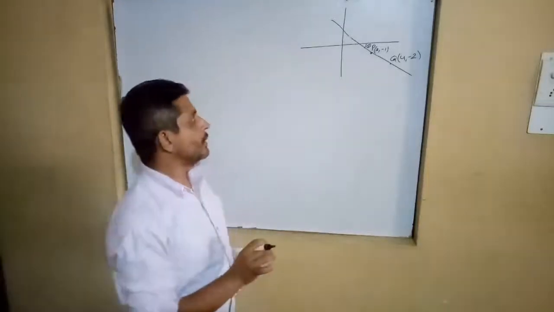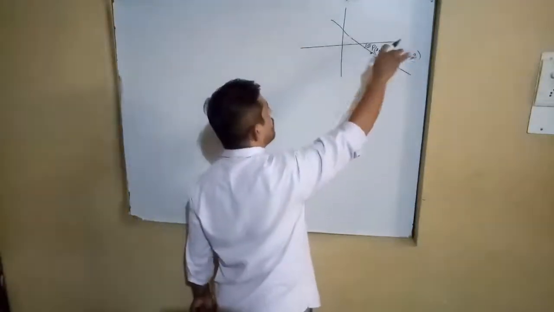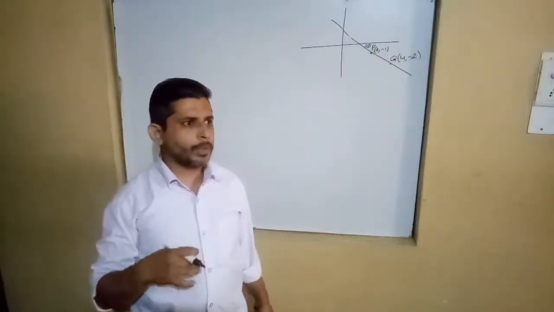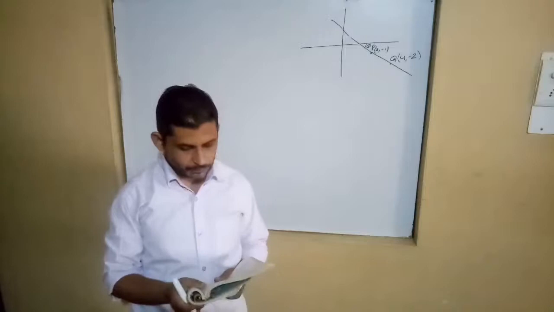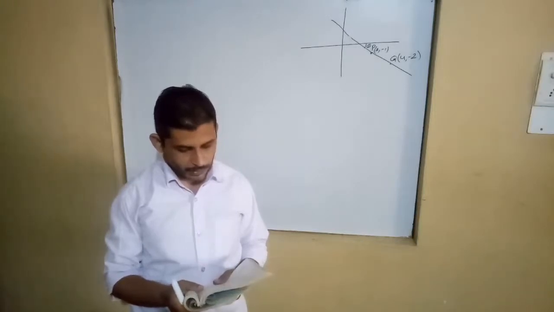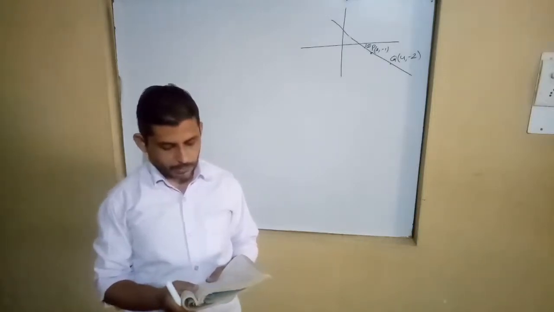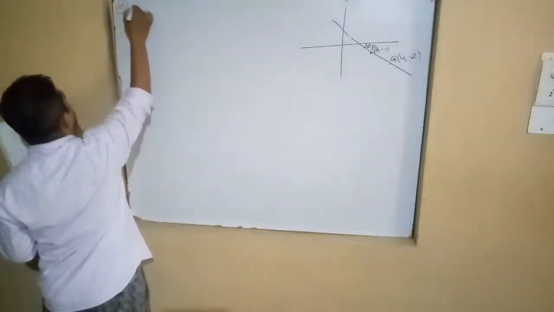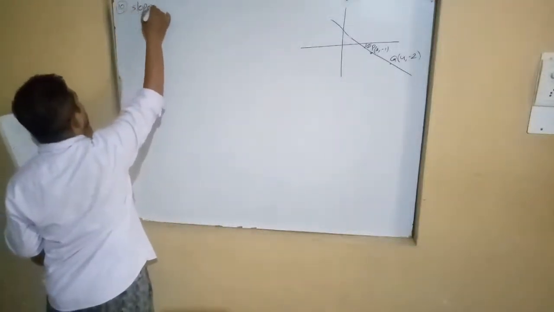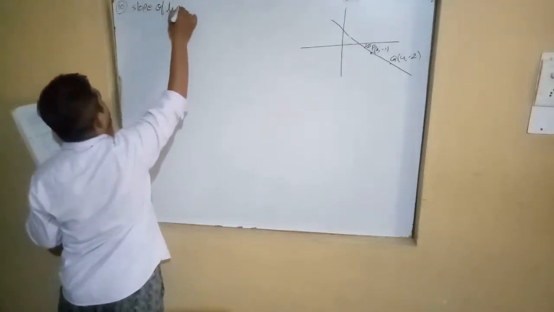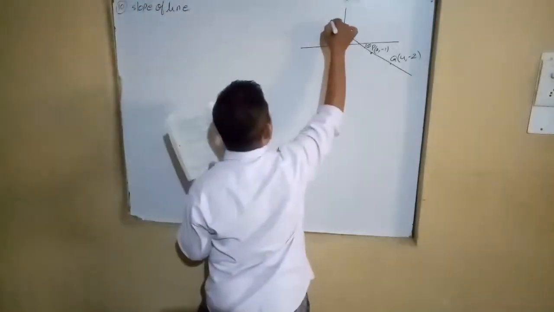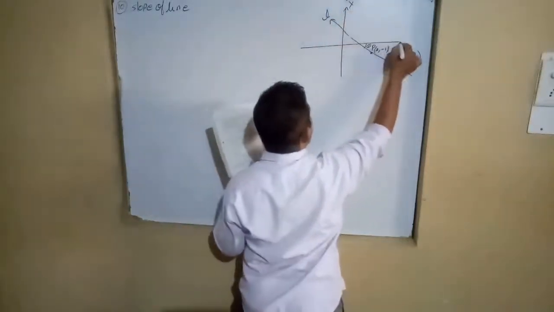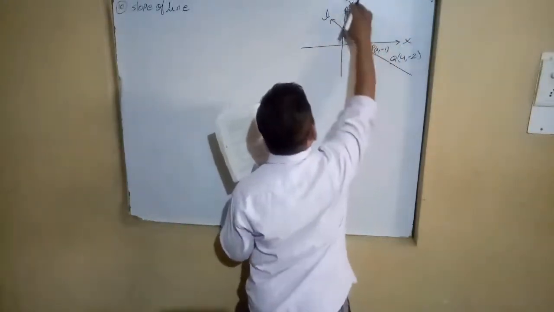Okay, and the slope of the x-axis we assume as 0. So first we find the slope of the line joining the points, assume it as L. This is the y-axis and this is our x-axis.